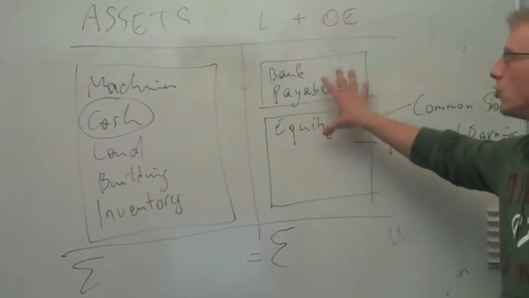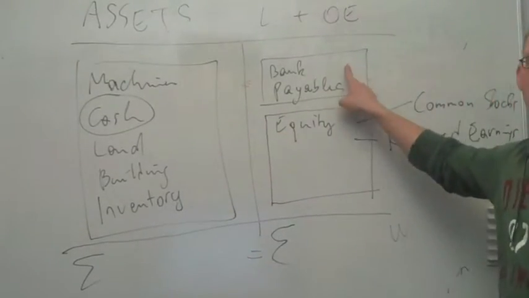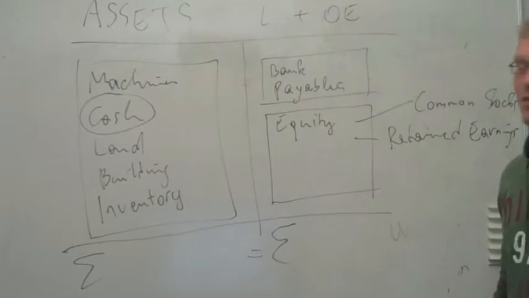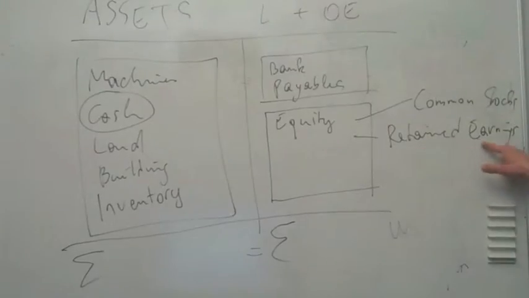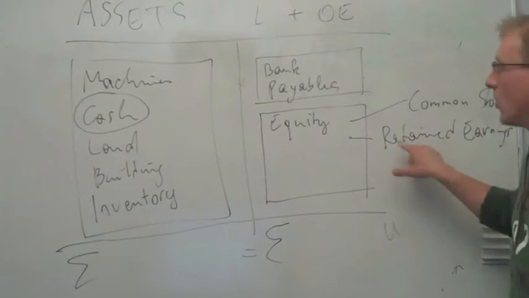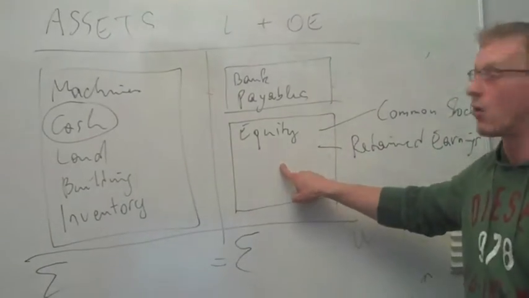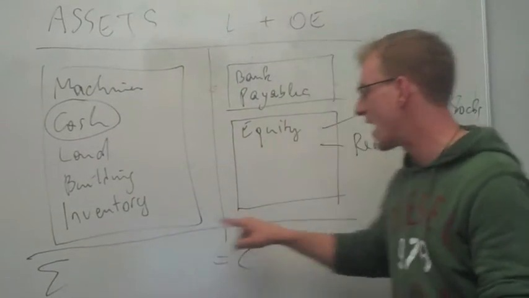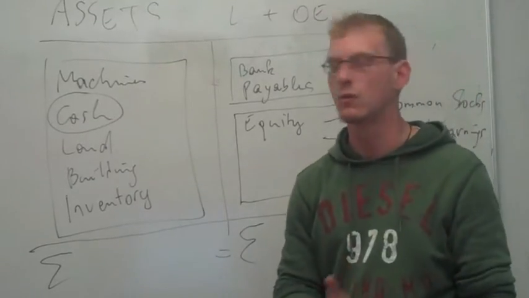The money used for purchasing those things can come from debt, going to your bank asking for a loan, from issuing equity, or from profits of the past. Everything you purchase, you have to finance somehow. That's why both sides always have to match. There is no exception to this rule.